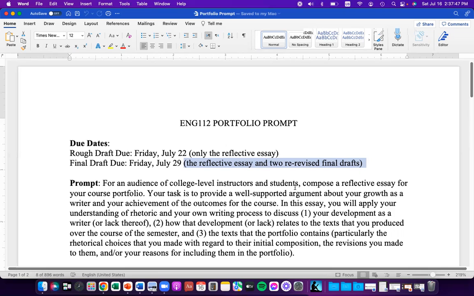And then again, 2 revised final drafts. So you'll take 2 of your 3 final drafts with my comments on them and the grade that I give you, and then you will revise them again based on those comments. So you're graded in 2 ways for this assignment.